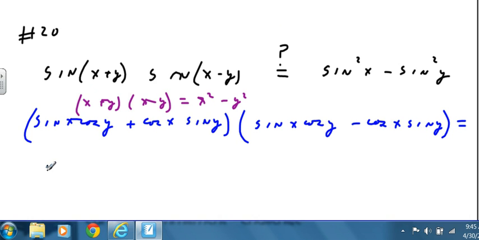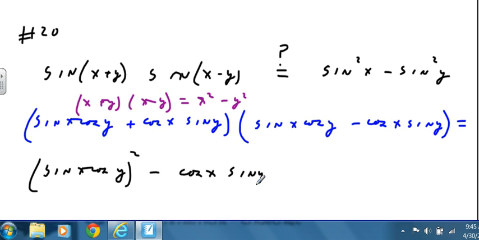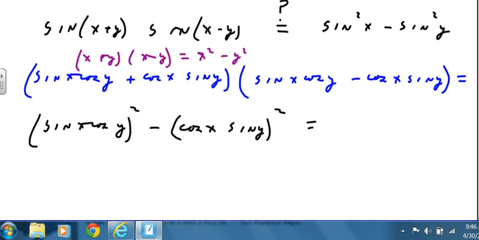So I've got sine x cosine y, squared, minus cosine x sine y, squared. Okay, so that was convenient that we did chapter 2 first, where we learned the difference of two squares.